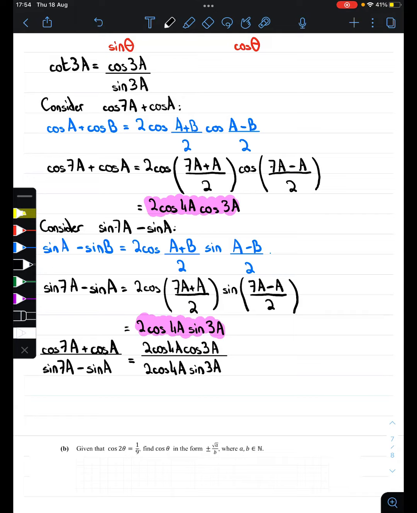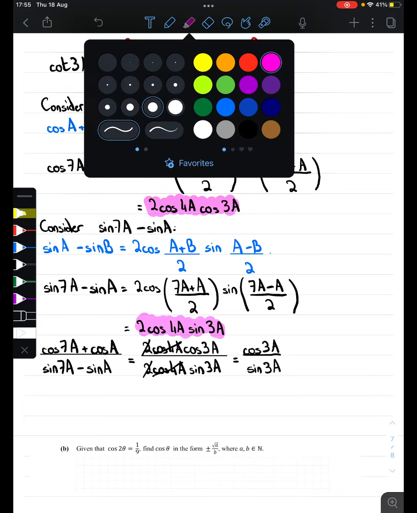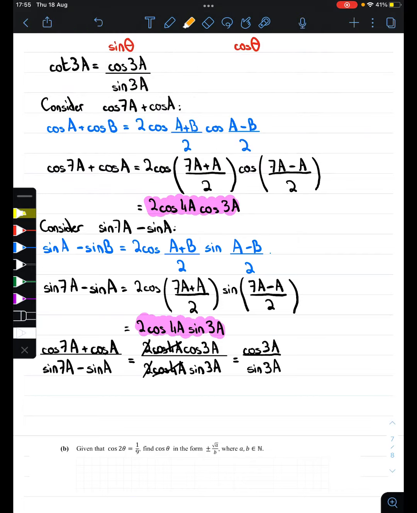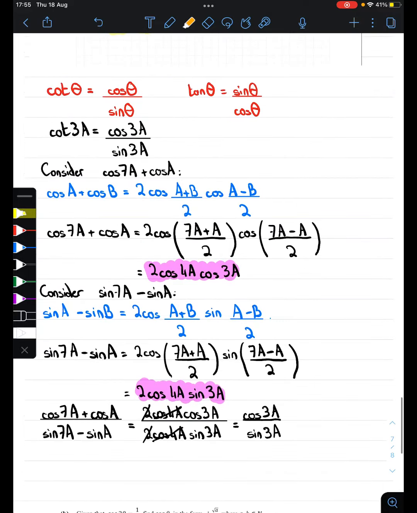And now we see that the 2's will cancel, the cosine 4a will cancel, and we're left with cosine of 3a over sine of 3a, which, as we outlined earlier, was exactly what we wanted to show.